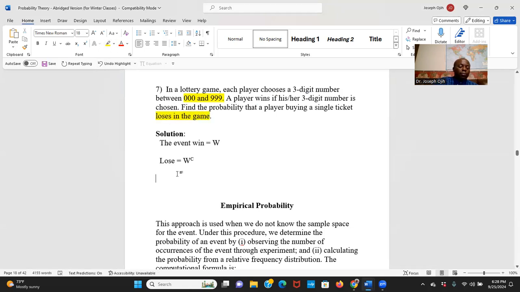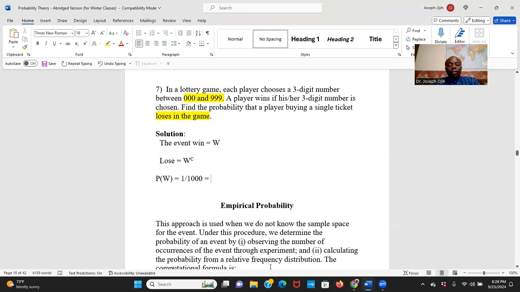So the probability of W complement. First of all, let's find the chance that they win. The event win is W. The probability that they win, P(W), will be, since this player bought a single ticket, 1 out of 1,000 tickets. That means 1 divided by 1,000.